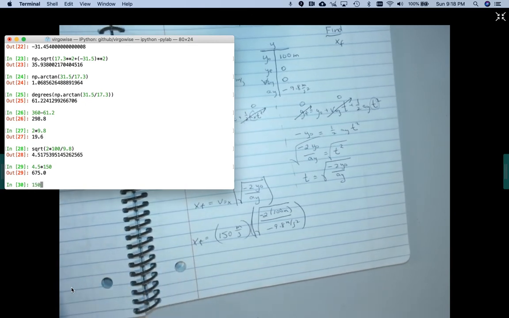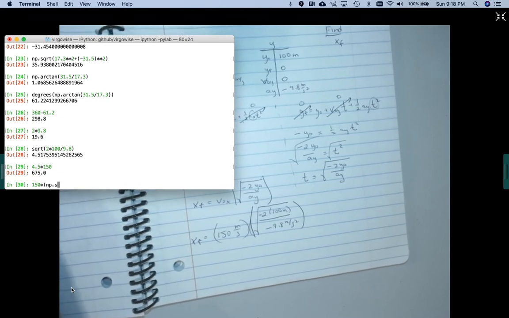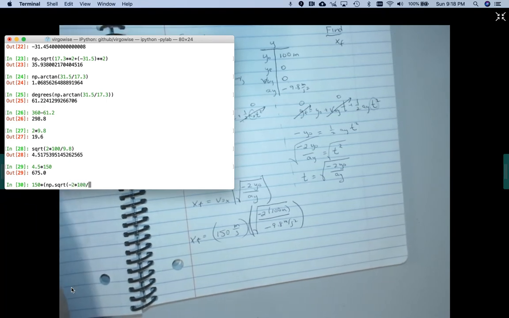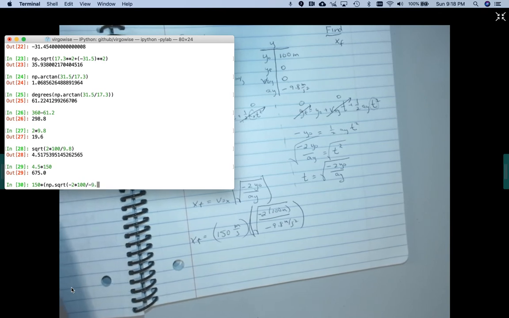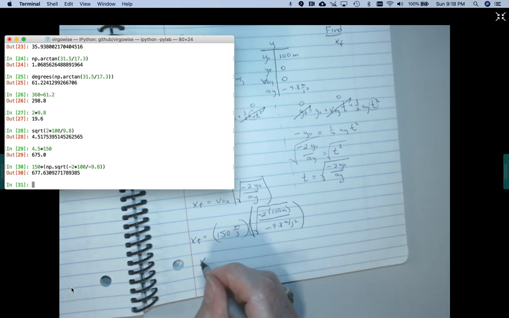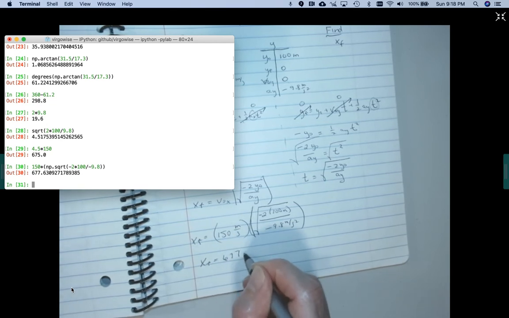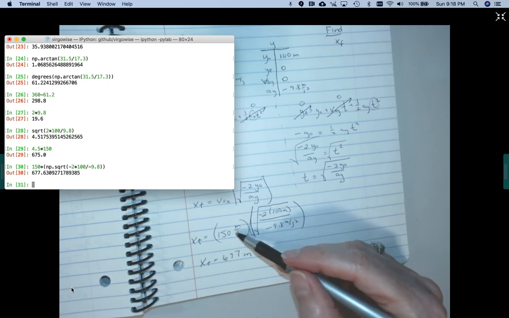So I have 150 times the square root of 9.8. We'd be fine to do this on a calculator, of course; I just don't happen to know where mine is right now. And I get x final equals 677 meters.